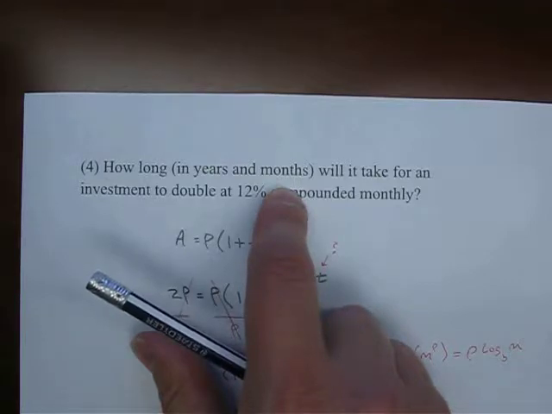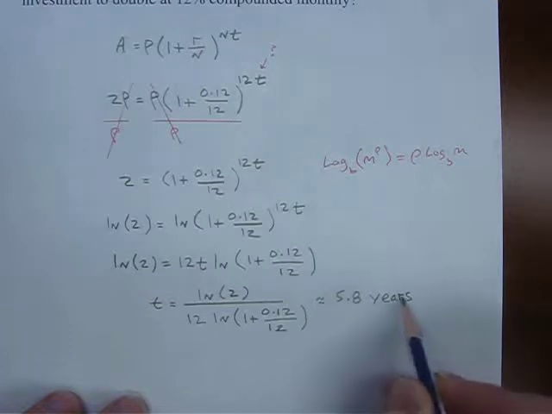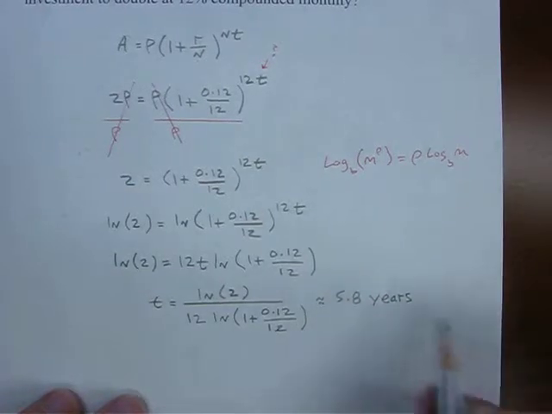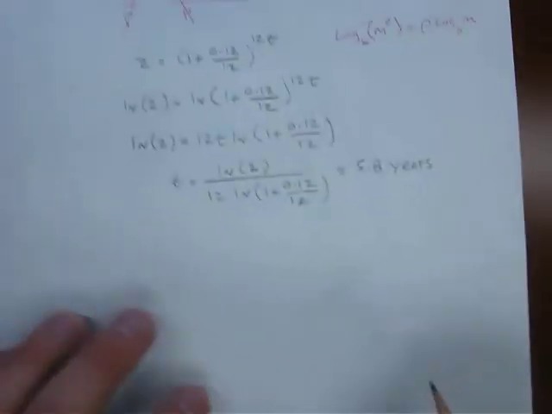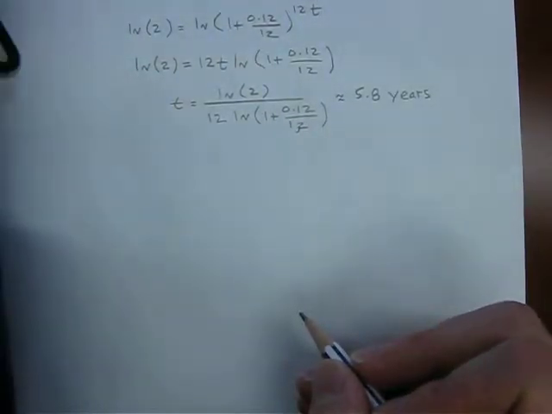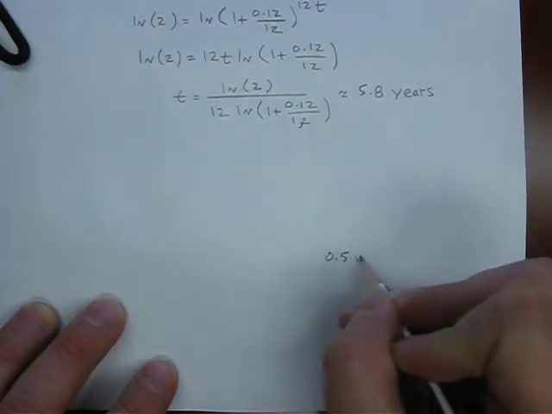Okay, so you could say this was 5 years and 0.8 years. 5.8 years. That does not mean 5 years and 8 months. Okay? How is that? Take 0.5 years.